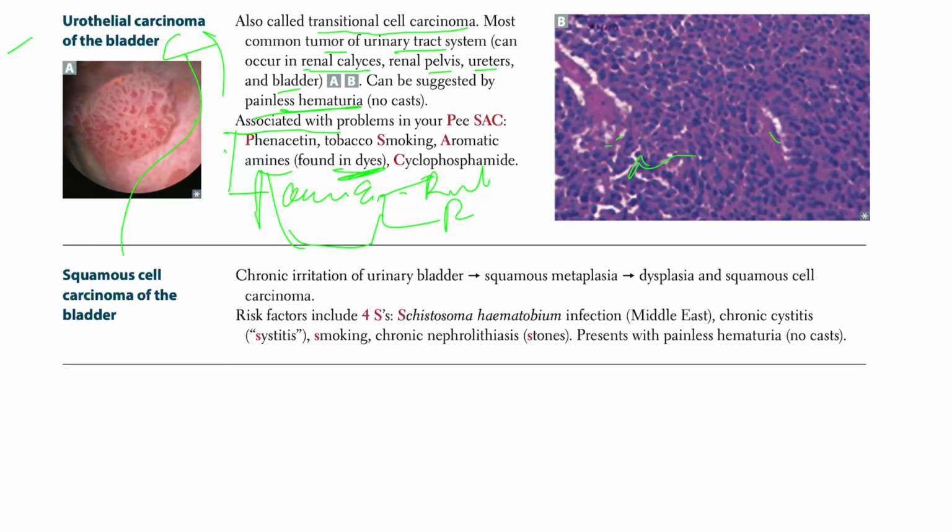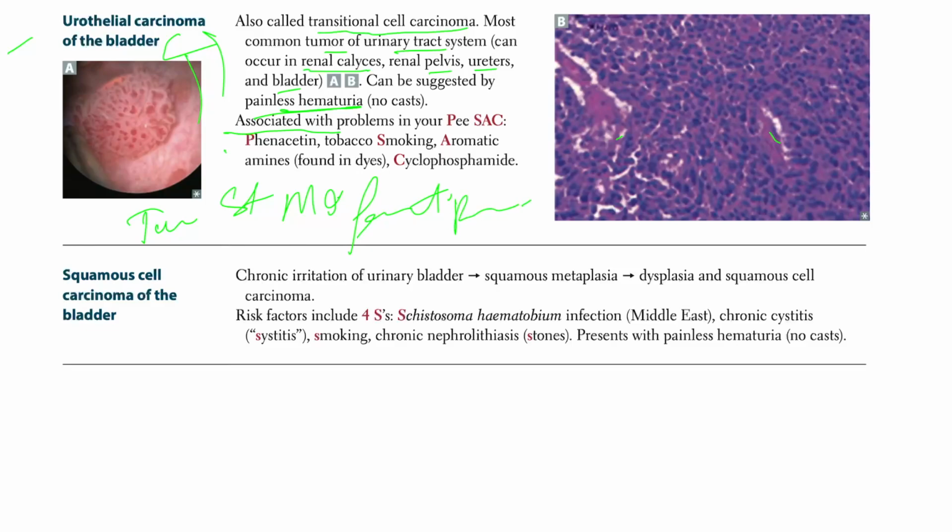One other thing we need to think about is the tumor stage. The tumor stage is the most important factor for the prognosis, and that is based on the depth of invasion into the bladder wall and the degree of spread to other tissues.